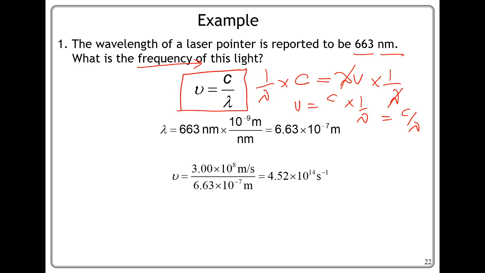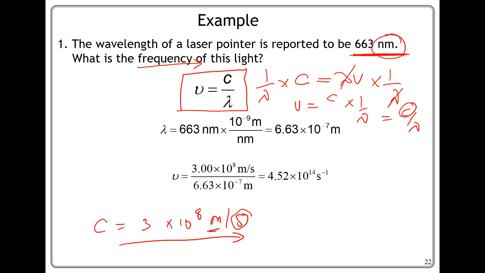Now note, c is the speed of light, so it will always be given as a constant, which is c equals 3 times 10 to the power 8 meters per second. One thing you need to note is that to solve this equation, the wavelength is given in nanometers and the speed of light is in meters per second. So we need to convert nanometers to meters.